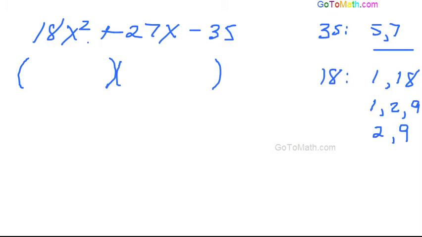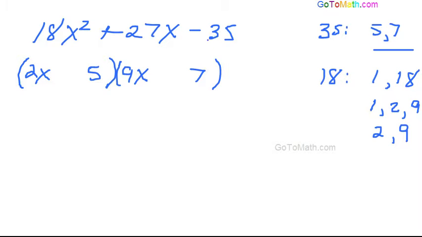I don't know. We're just going to start throwing some stuff out and see what happens. If I put a 5 here, maybe we might get lucky. Let's see, 2 times 7 is 14, and that's definitely not it, because that's a 45.